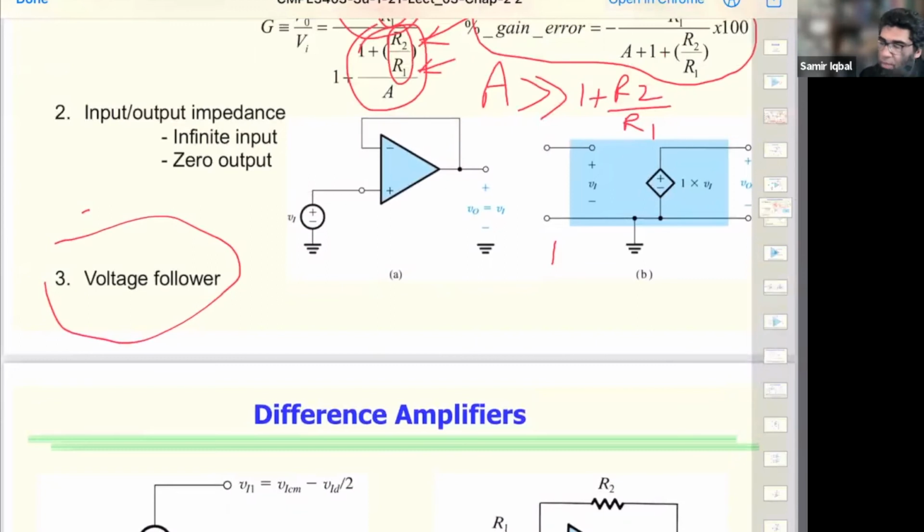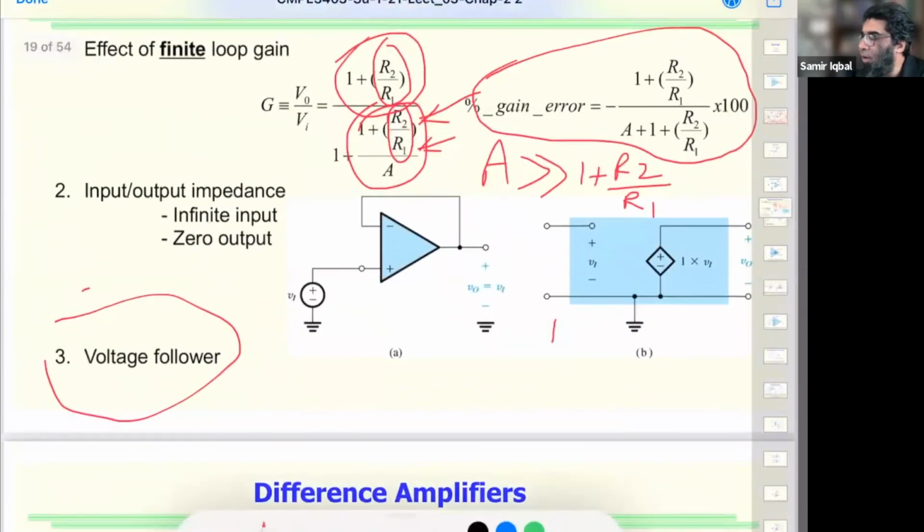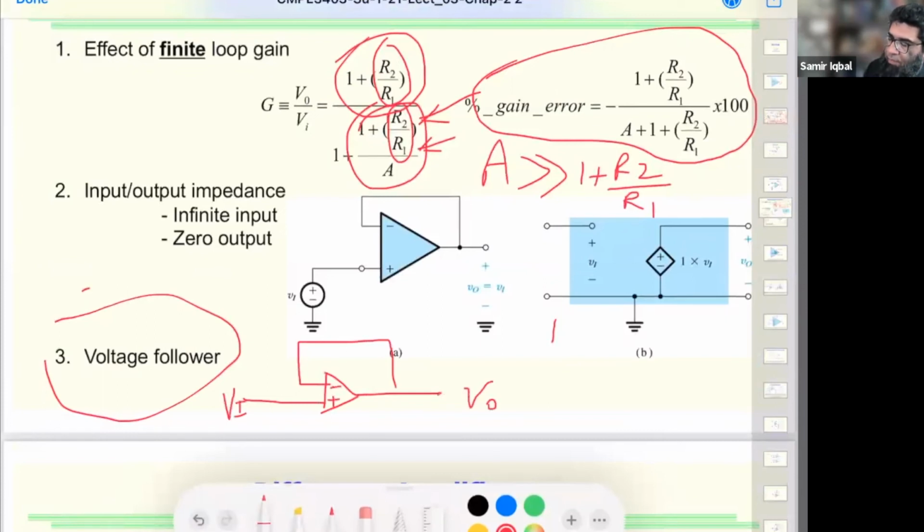And the circuit is very simple. That circuit just uses the feedback without any resistance. So you have the input signal on the non-inverting terminal, and you get what you call a voltage follower.